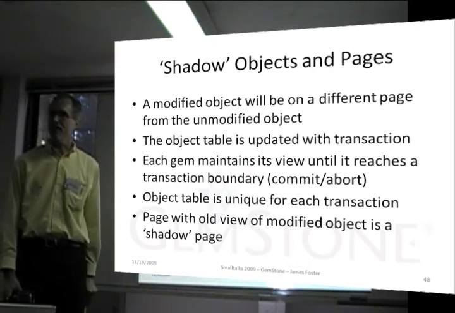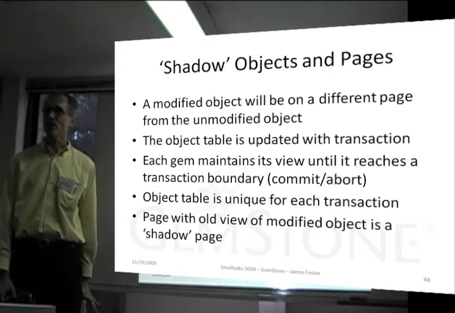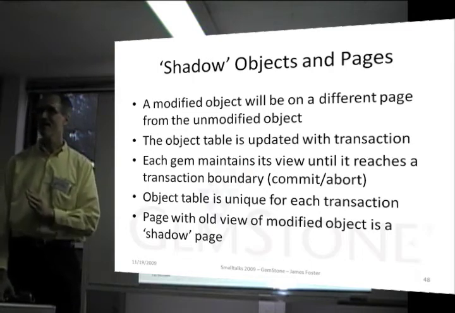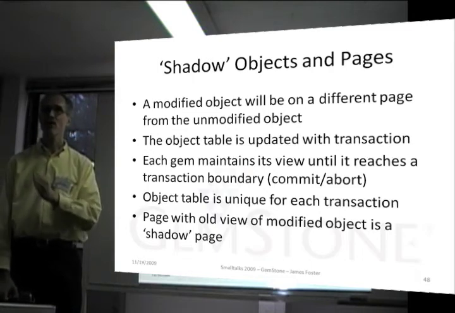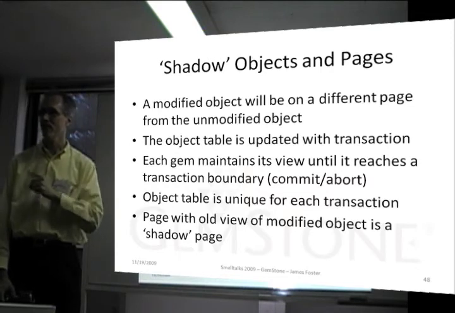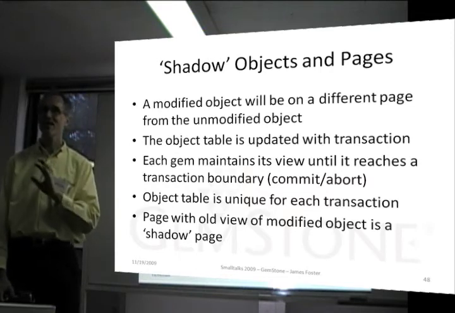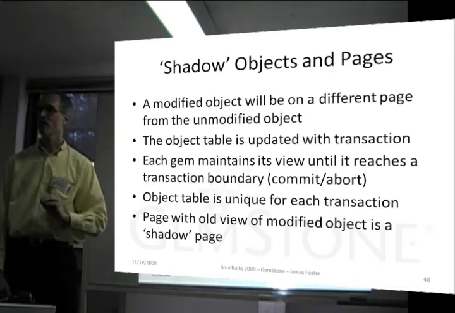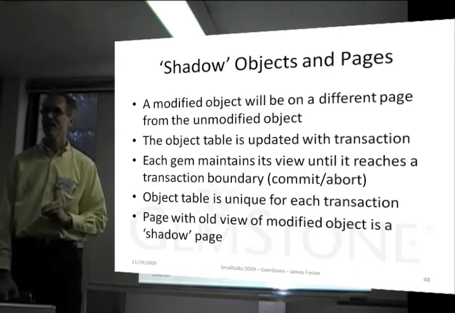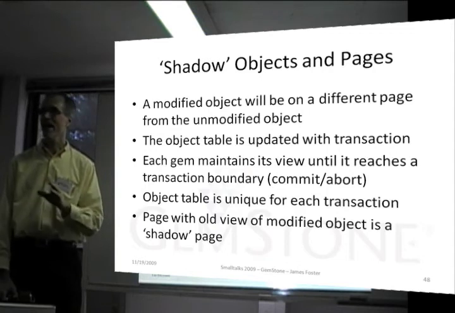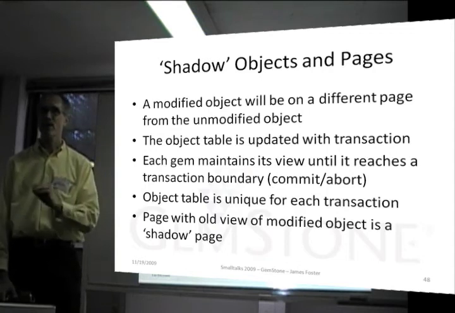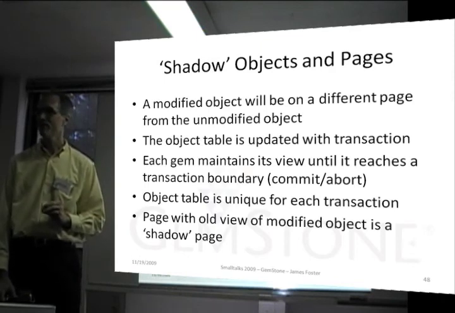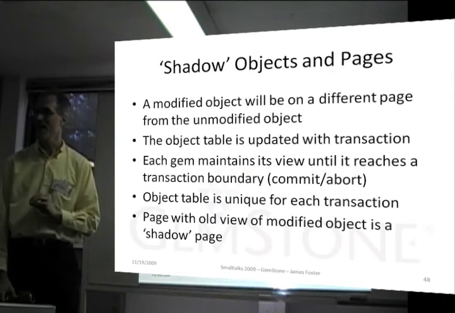There's a unique object table for each transaction, because each transaction is modifying something, so each modification will have changed the object table. And so there is essentially a complete object table for each transaction. Now there are some optimizations where we don't actually have to make a complete copy of the whole trillion entries in the object table.